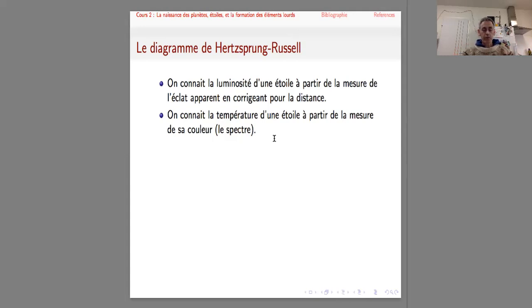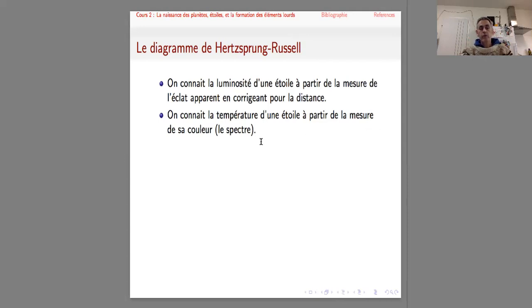But of course, it goes much beyond the visible, and it goes down into the infrared for the long wavelengths and up into the ultraviolet for the short wavelengths. We can't see those with the naked eye, but they measure that with their telescopes, and they can determine the temperature of the photosphere, the light emitting part of the star.